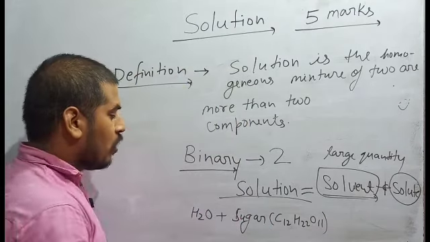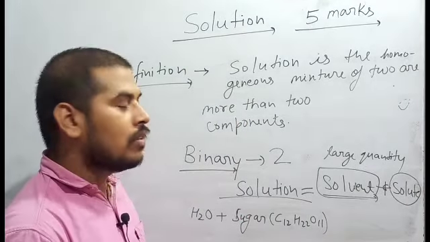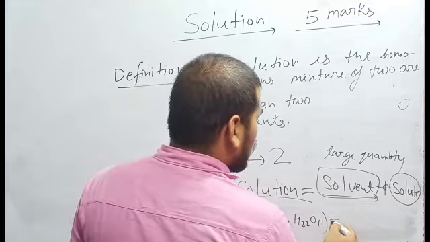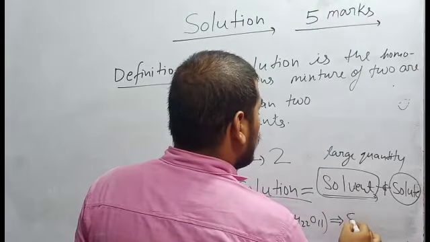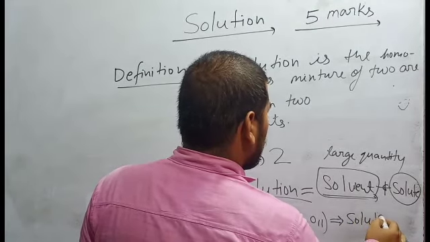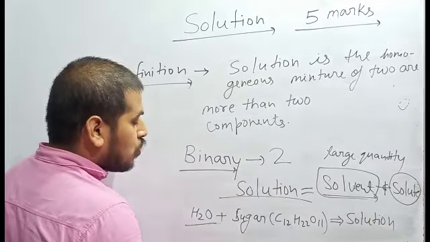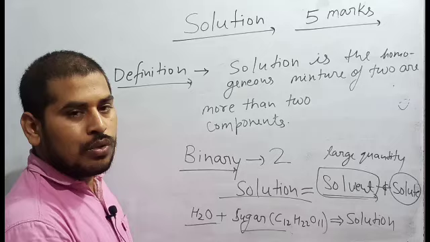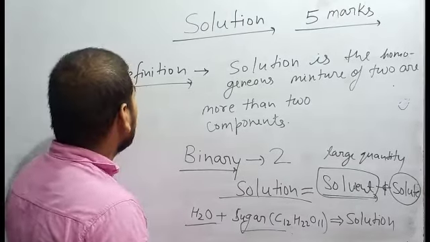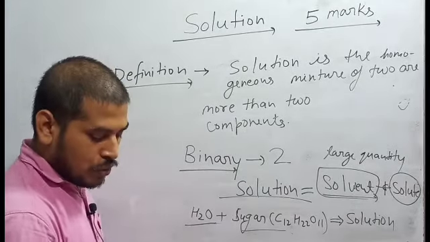This is the molecular formula of sugar, C12H22O11. So we get a solution of H2O and sugar. This is the definition of solution.